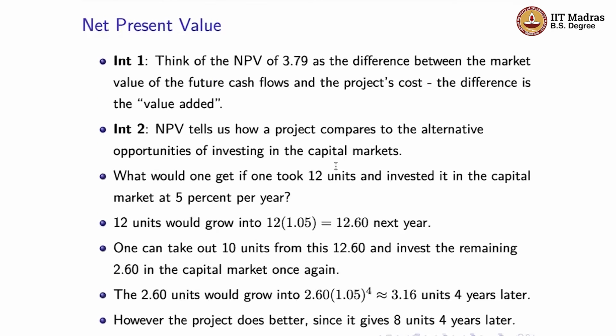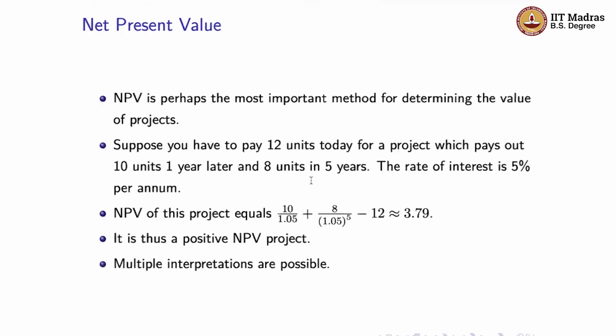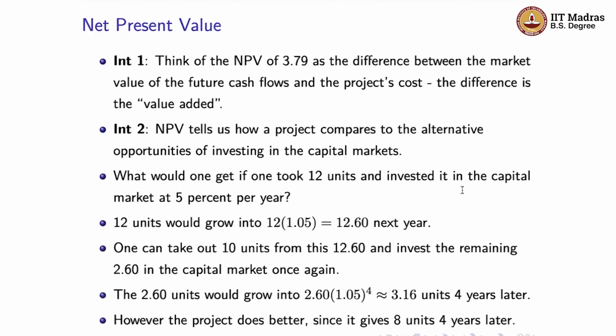The alternative is that instead of investing it in the project, why don't you invest it in the capital market at the rate that is prevailing? So that's 5%. If you invest this 12 units in something which gives you 5% every year, let's think about it. This 12 units would grow into 12 multiplied by 1.05, or 12.60, next year, right?